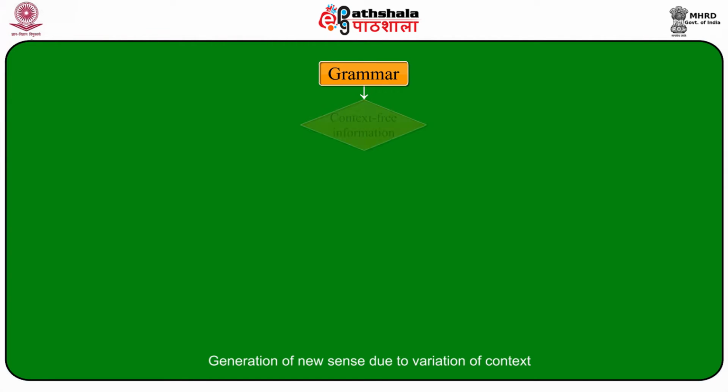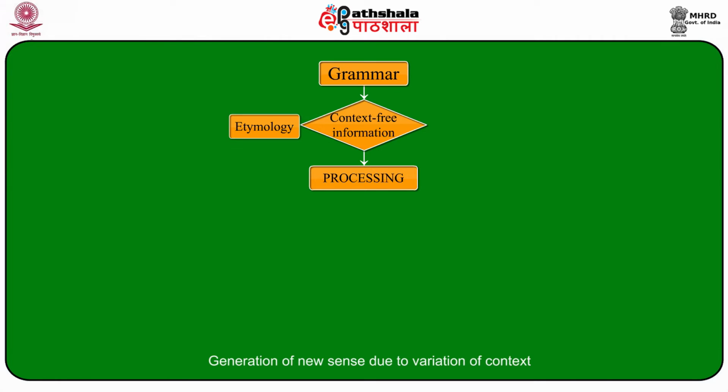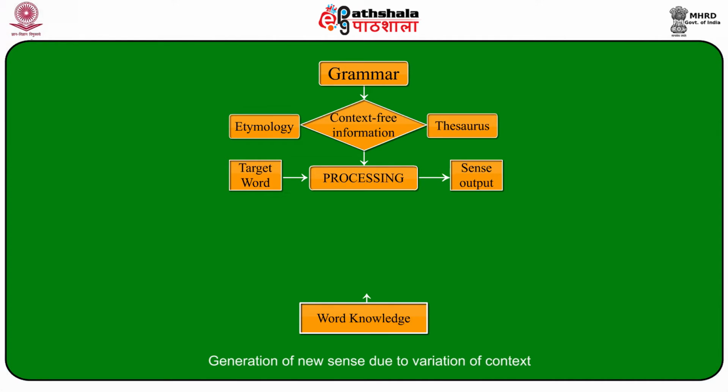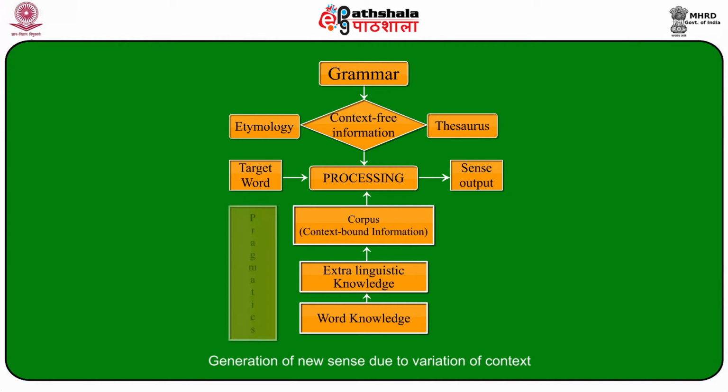Now here, in our next diagram, we have tried to show how corpus can contribute in understanding those word meanings. Here we also need to understand how words trigger different meanings, as I have already said, and how corpora are helping.